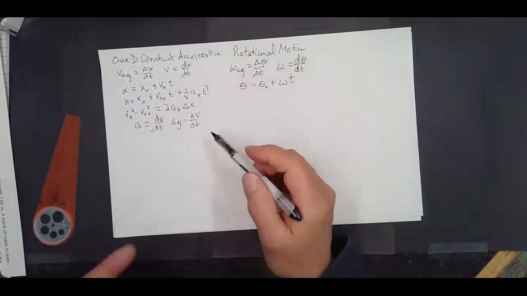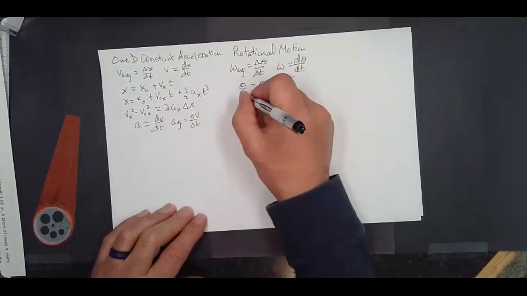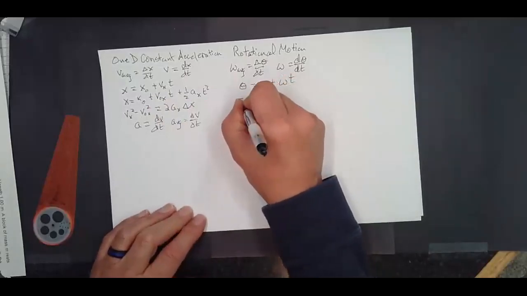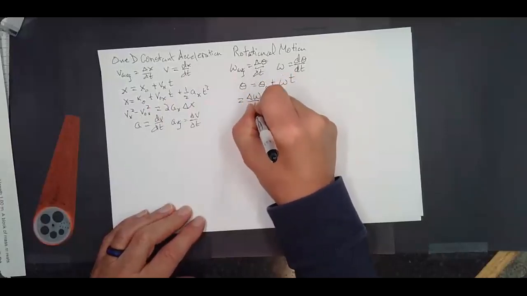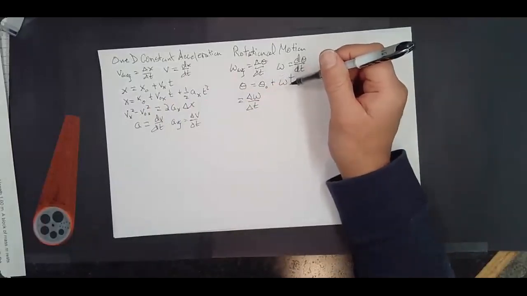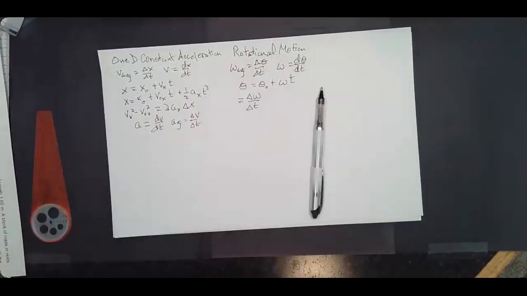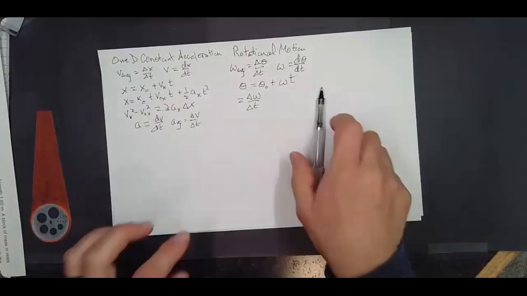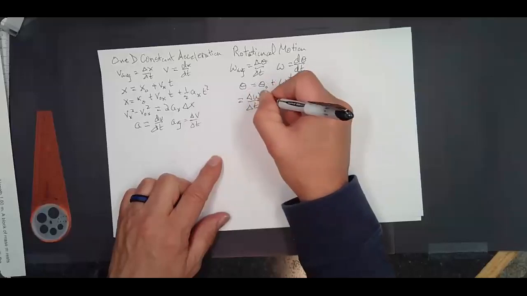Well, I can have the same thing happening with angular motion. In this case, for the average thing, I would have delta omega over delta t. Oh, by the way, the units of omega are radians per second. We're going to be using radians in this unit when we study this rotational motion. And so we won't be thinking about degrees so much, just radians.